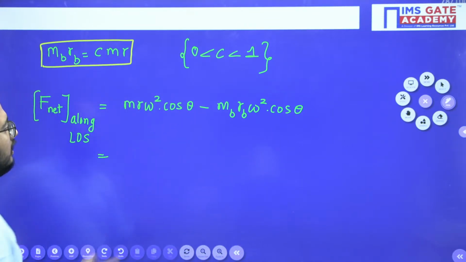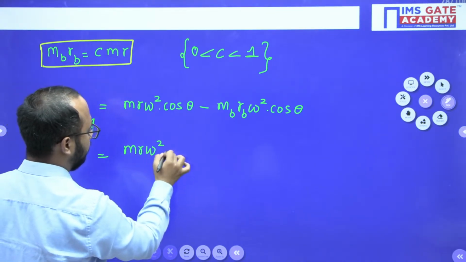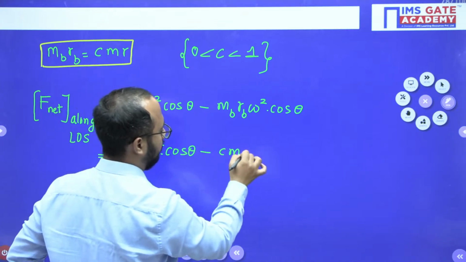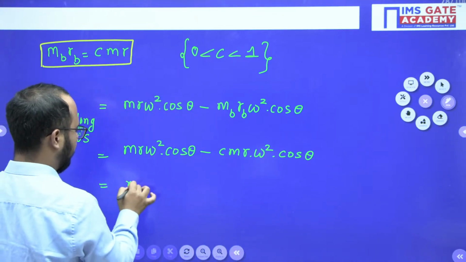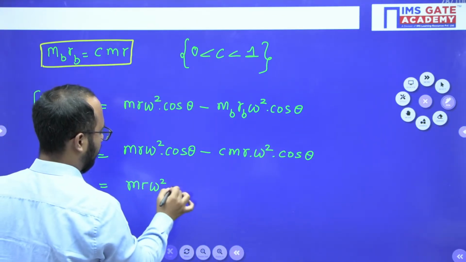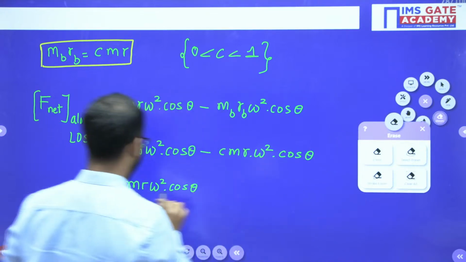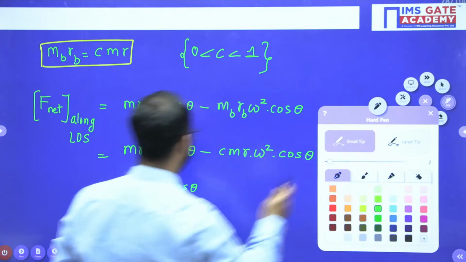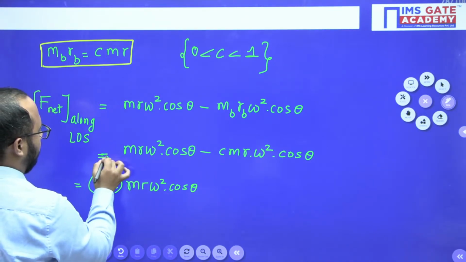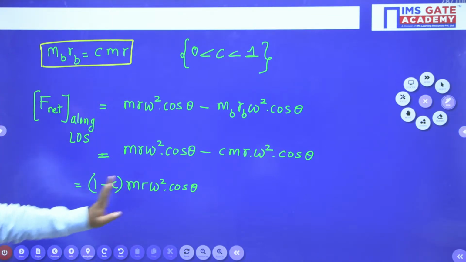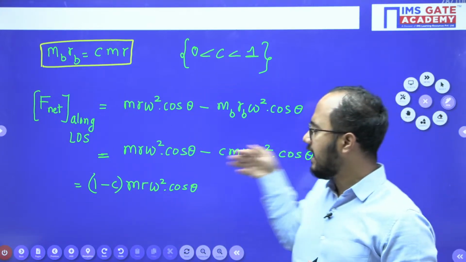If I replace m_B r_B, what will you have? m r omega square, and taking the common part, 1 minus C, m r omega square cos theta. That is the value of the net force along the line of stroke, right?